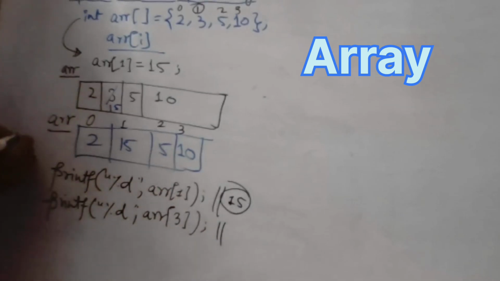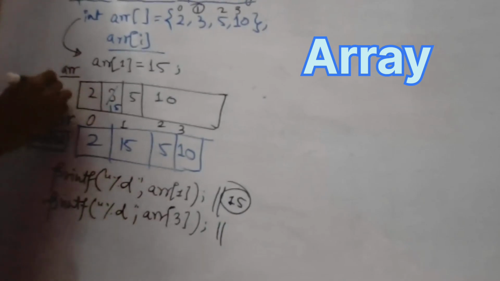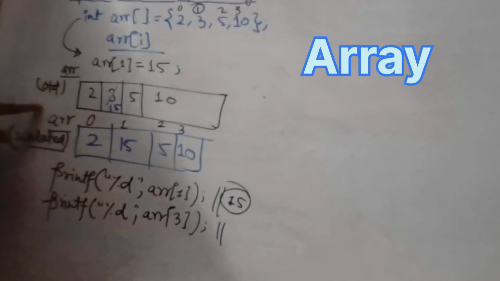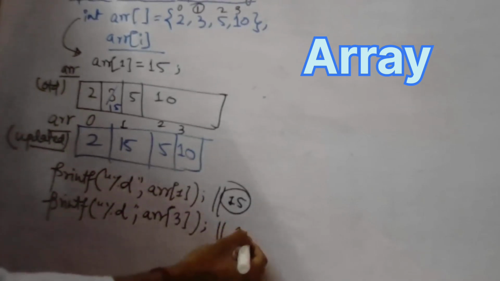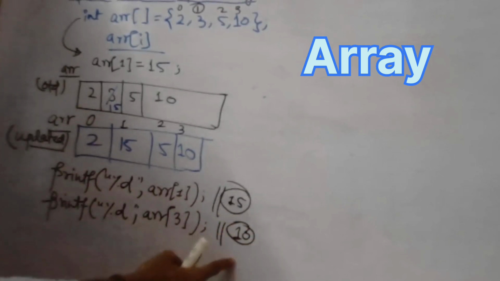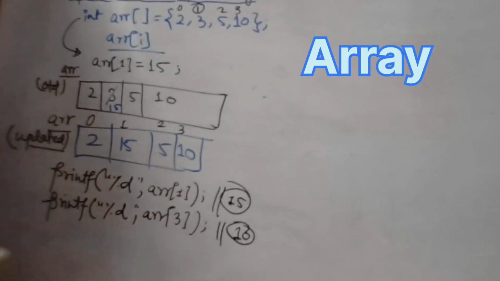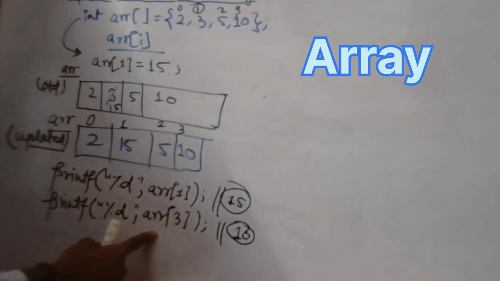Array of 3 is 10, so 10 will be given as output, because array of 3 is not updated.